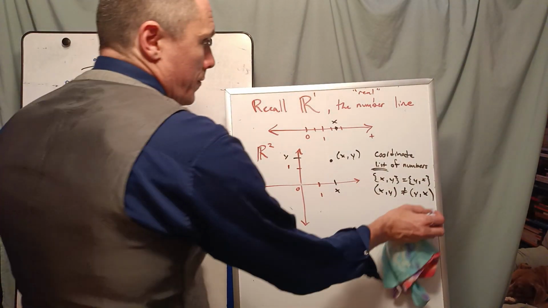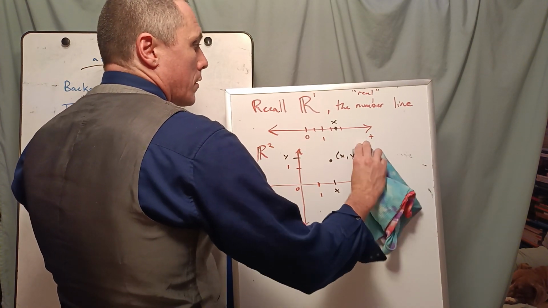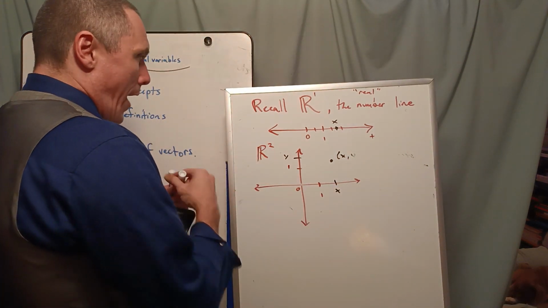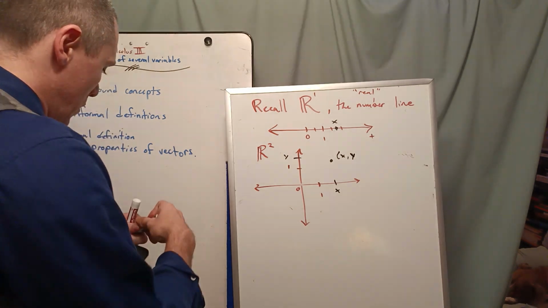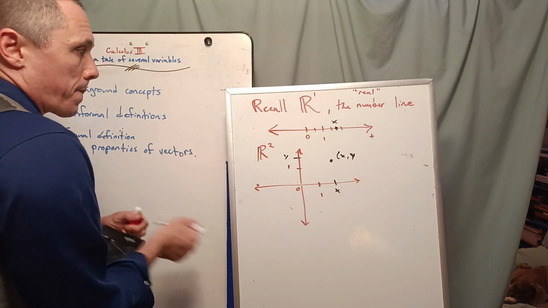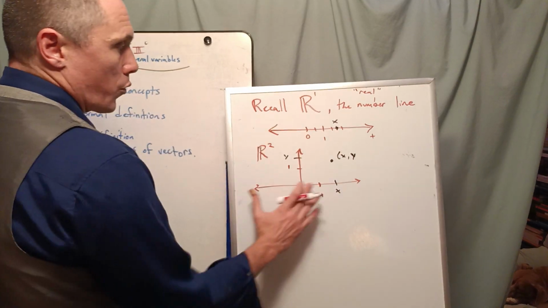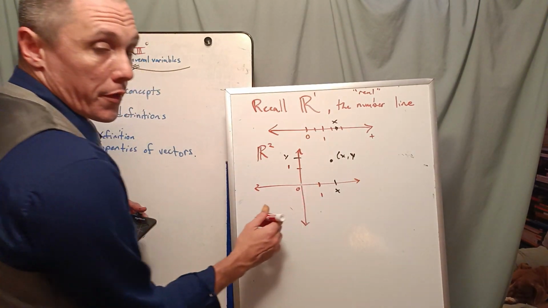And then, rather than draw this all over again, when we go to R3, we could just imagine adding another axis. However, the standard orientation would not be to draw it this way, to add another axis like this.